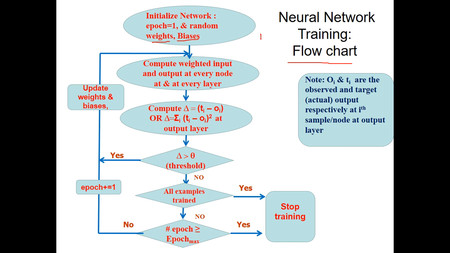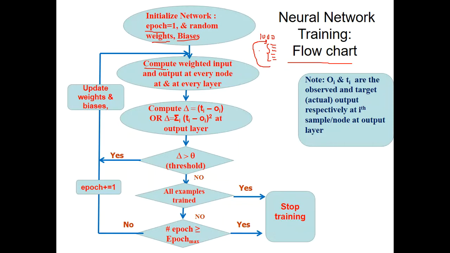Like if you have 1000 samples, there will be one inner loop, complete 1000 iterations. So this will be called one epoch. Again we shall start training of all these 1000 samples again until some stopping criteria is met. So the outer loop we shall name as epoch.